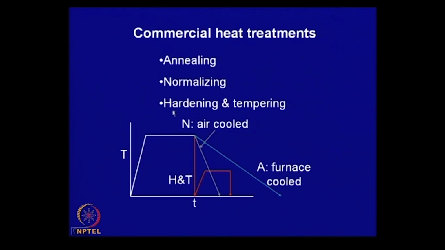So, obviously you can see, this is a case of hardening, where you get the maximum hardness. In air cooling, you will get an intermediate structure, and here you will get the coarsest structure, which will have the lowest strength but good ductility. So, as you go from annealing to normalizing to hardening, strength goes on increasing, whereas the ductility goes on decreasing.